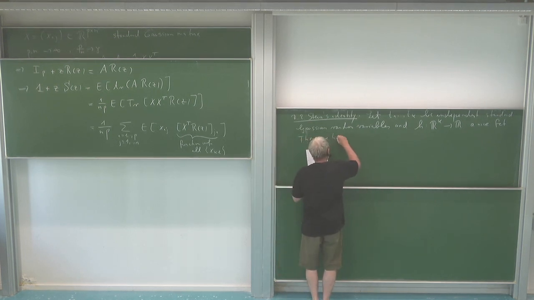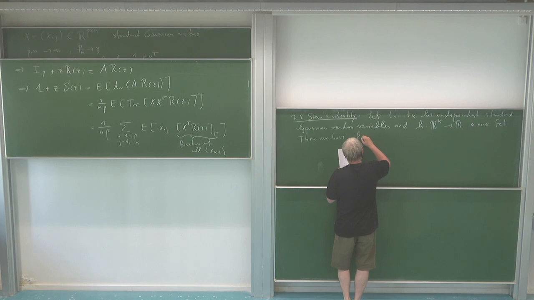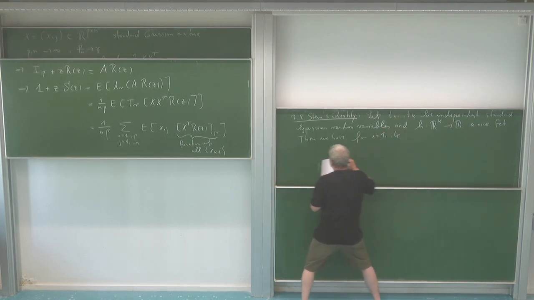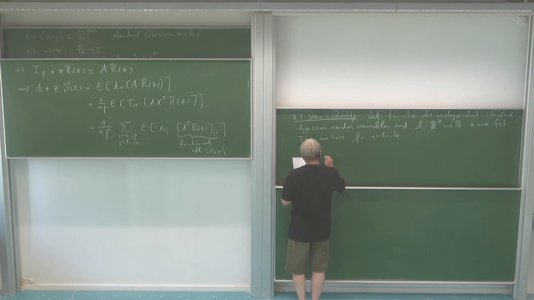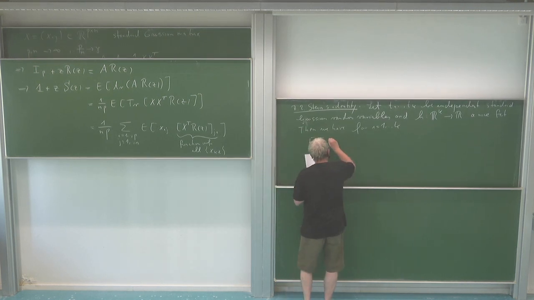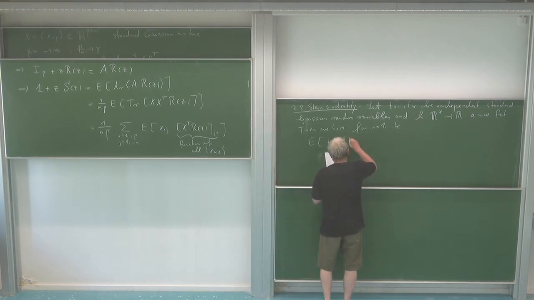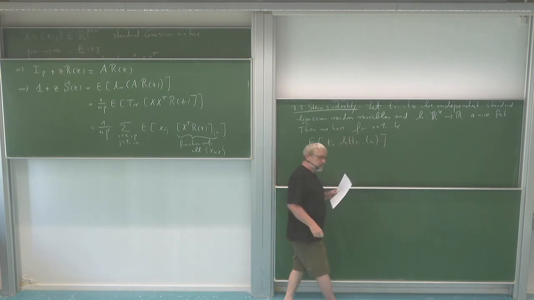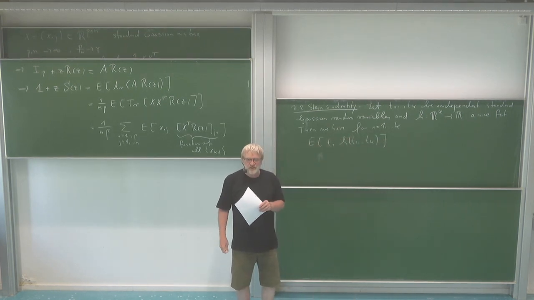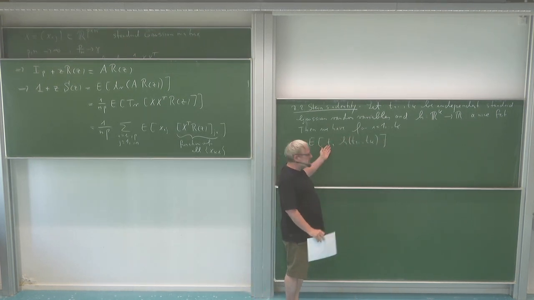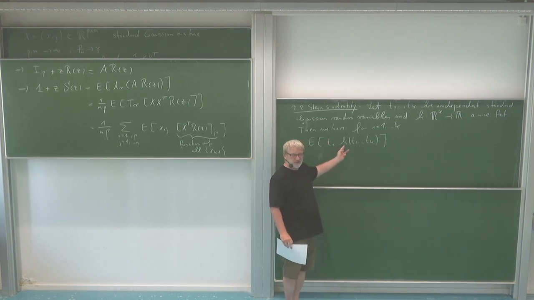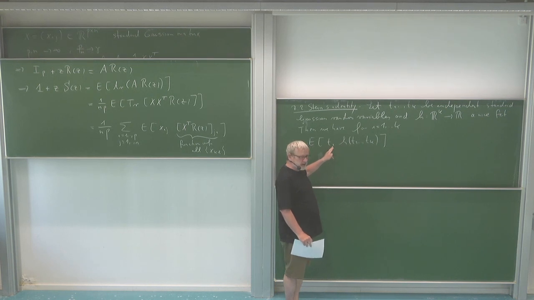Okay, but anyhow, then we have for all i from 1 up to k that if I now look at the expectation of such a form where I'm multiplying one of my variables with the function of all of my variables, then under the expectation I can rewrite this by essentially getting rid of this variable, and the price I have to pay for this is that I take the derivative of this function with respect to this variable.